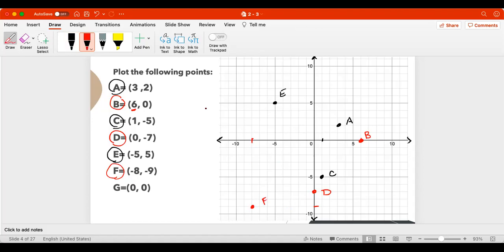So that's F. And then finally, G is 0, 0. That means I don't go left or right, and I don't go up or down. I am right in the middle here, and that's the origin. You can think of the origin as where everything starts, right? So in the center, if you go further away from the origin, the numbers get bigger. So this is the origin, which is G.